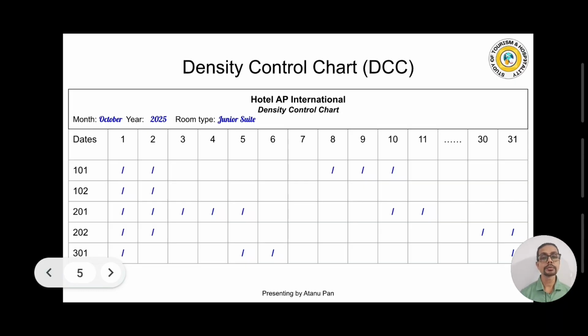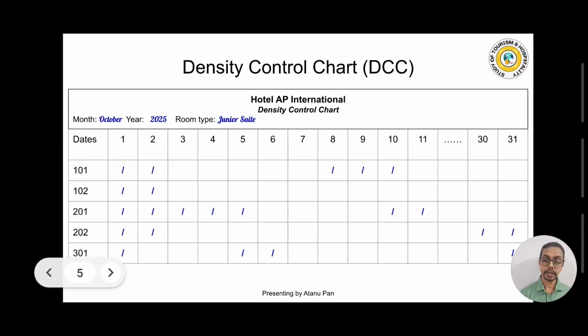Similarly, 102 is occupied or blocked or booked for 1st and 2nd of October. For the rest of the entire month 102 is available, which is also a junior suite. So this is called the density control chart, and this is the way it was used earlier.